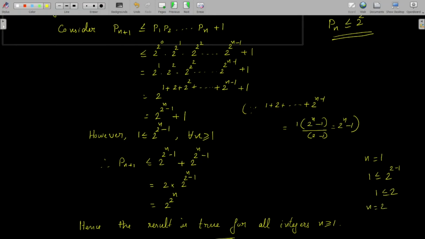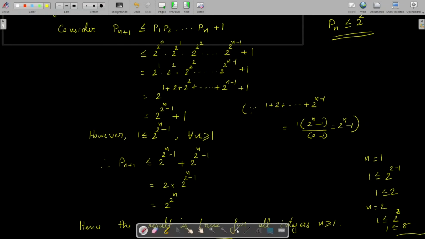When n equals 2, we have 1 less than or equal to 2 raised to 2 squared, that is 4 minus 1, it is 3, that is 1 less than or equal to 8, etc. And clearly 1 is less than or equal to 2 raised to n minus 1 for all n greater than or equal to 1. So we can write this inequality as P_{n+1} less than or equal to 2 raised to n minus 1 here, plus 1 is less than or equal to 2 raised to n minus 1.